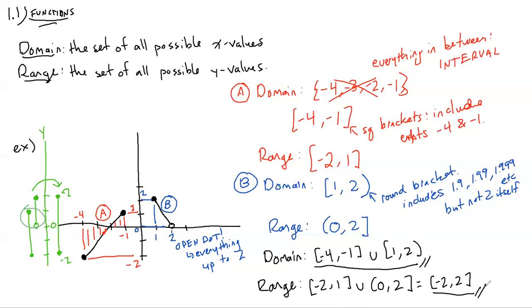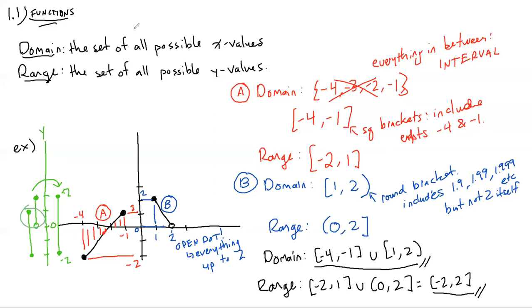Fortunately, we aren't going to do a lot of looking at graphs like this and finding the range. This is unnecessarily difficult, particularly because we tend to be more interested in the domain than the range. It's usually a much easier question to answer.